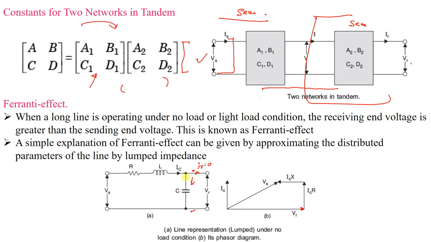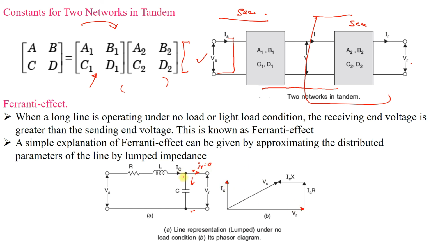This capacitor is connected across the voltage VR, so the current through the capacitor should lead by an angle of 90 degrees. This is VR, and this is IC, leading by 90 degrees.